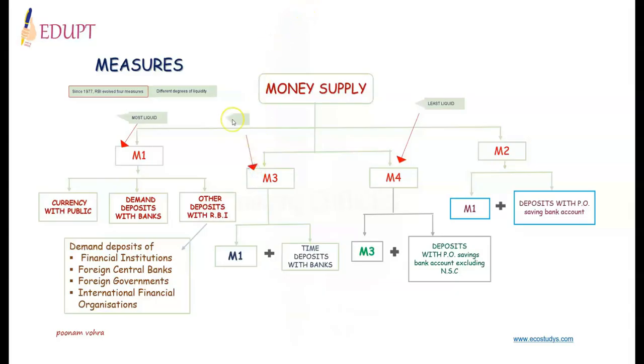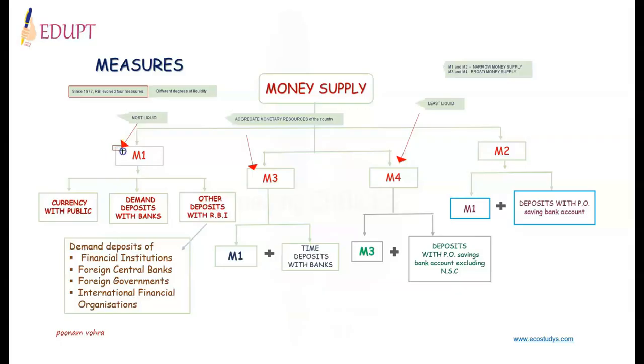M3 is widely used as a measure of money supply and is known as aggregate monetary resources of the country. M1 and M2 are known as narrow money supply, whereas M3 and M4 are known as broad money supply concepts.